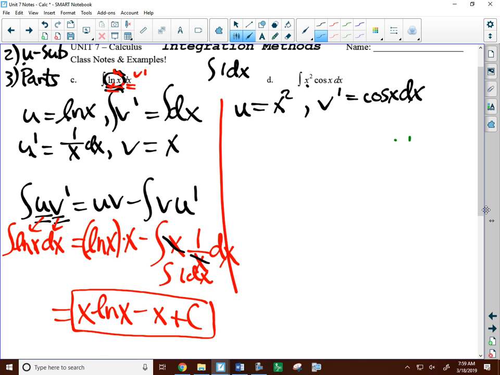Okay, so I'll compute u prime and v. u prime, the derivative of x squared, is 2x dx. And then the antiderivative here will give me v. The antiderivative of cosine is sine, sine x. And I'll leave out the c for now.